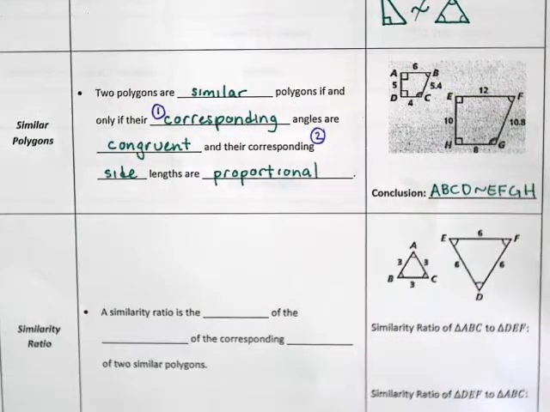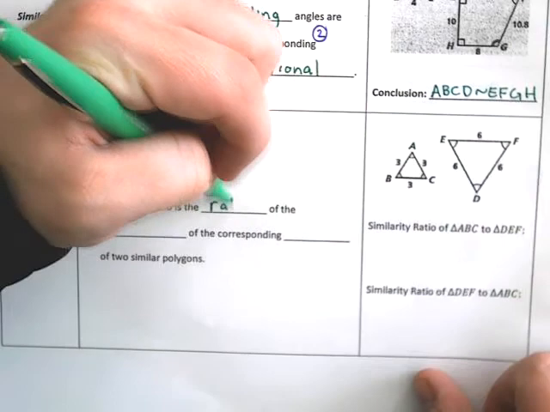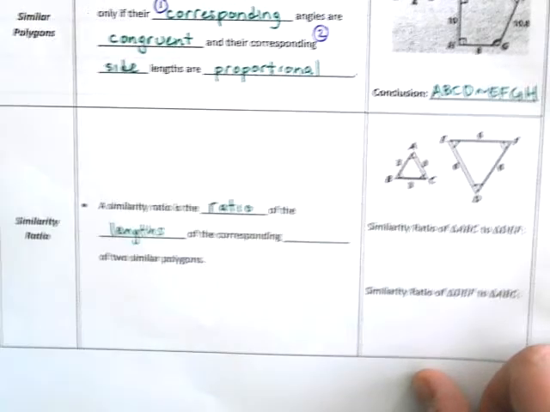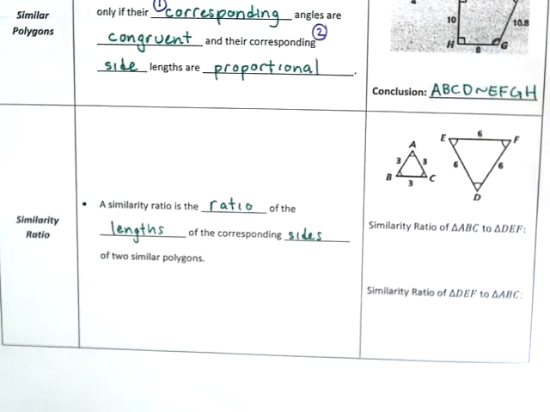Alright, the last little piece of note-taking that we need before we move on and do some problems is this idea of similarity ratio. A similarity ratio is the ratio of the lengths of the corresponding sides of two similar polygons. So the similarity ratio of ABC to DEF, well, you just need to pick one pair of corresponding sides and find the ratio of those side lengths.